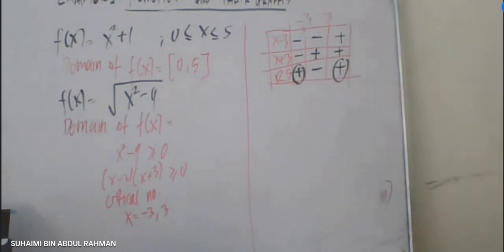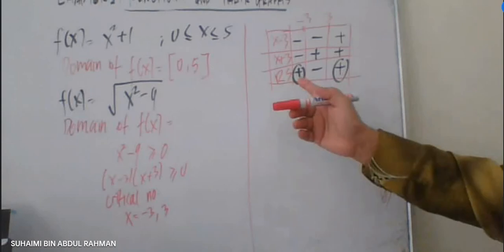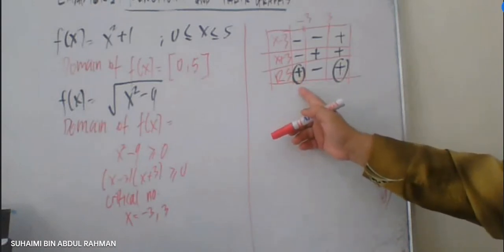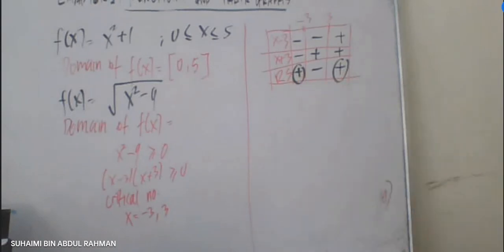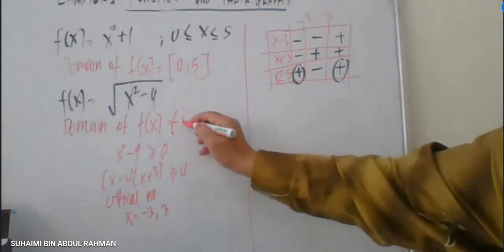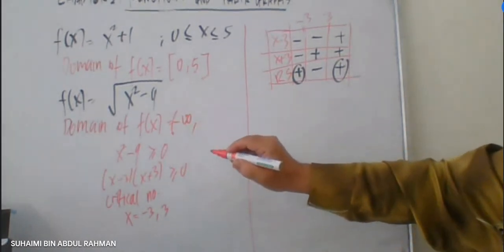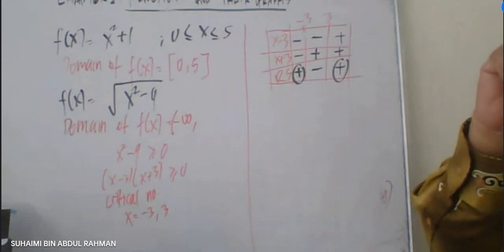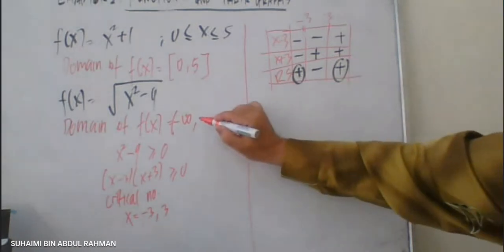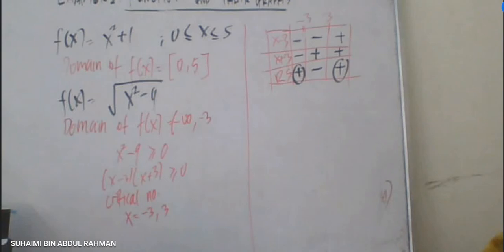Then, from where to where? When we talk about negative, from where to where? Negative infinity to negative 3. Including or excluding?